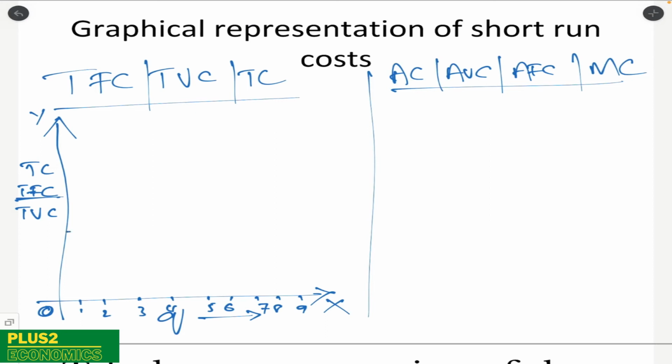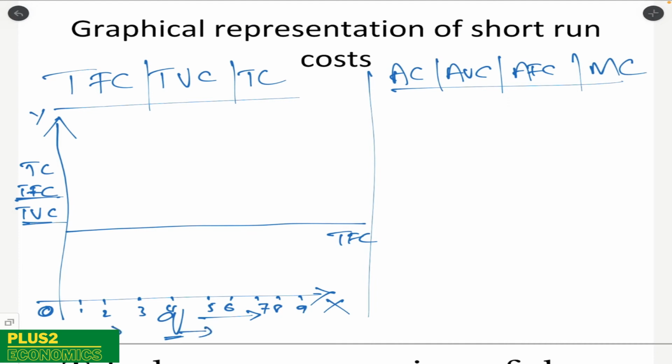So how would be the TFC curve? TFC curve is a straight line. It is parallel to the x-axis and it doesn't change irrespective of the quantity produced. So this is TFC for us. It's a horizontal line which is parallel to the x-axis.